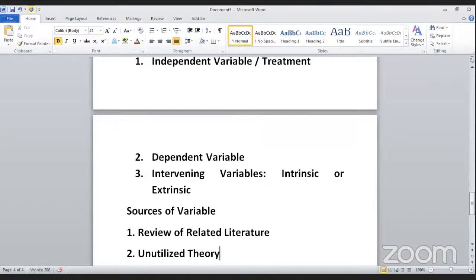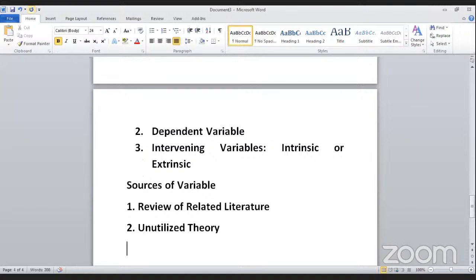There are many other sources of problem, but I'm not considering those. I'm considering these because these will become the basis of formulating the hypothesis. So I will be telling you the basis of formulating hypothesis.